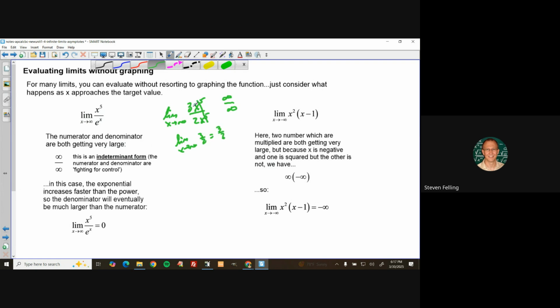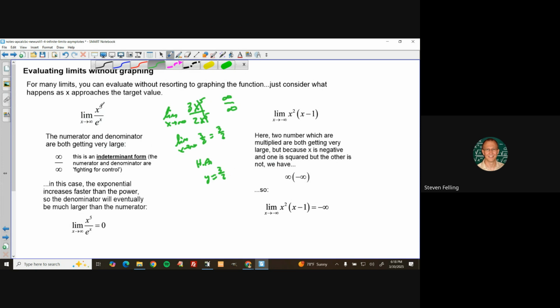So the top is always 1.5 times bigger than the bottom. Even as this is an infinity over infinity, or like a billion over a billion, this is 1.5 billion over 1 billion, so the limit is 1.5. In this case, the tug of war evened out, and we ended up approaching a constant. This is how we would get a horizontal asymptote, the line y equals 3/2, on the right side.